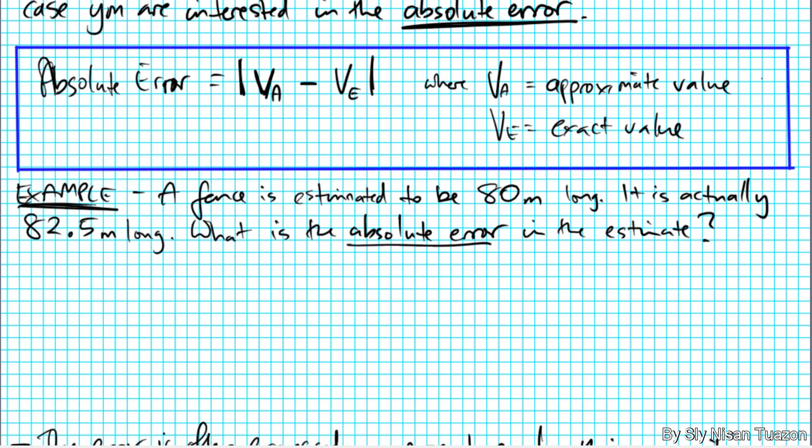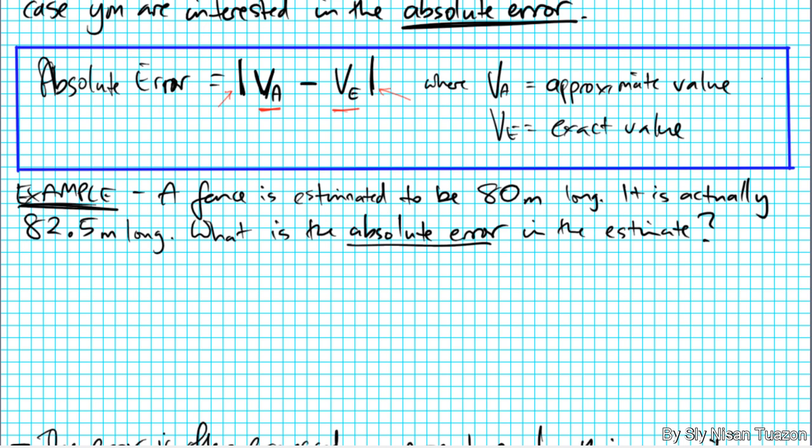Absolute error is the approximate value VA minus the exact value VE, and those lines on either side are modulus lines, and that means that any value within those you convert to positive.